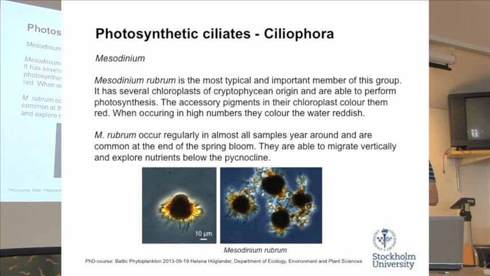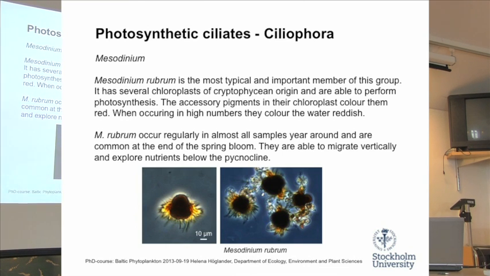This Mesodinium rubrum, in some parts it has also been called Myrionecta rubra, but I think that was described afterwards, so this is actually the more correct name, I think. But it's important in the Baltic Sea, and it has several chloroplasts that have Cryptophycean origin.